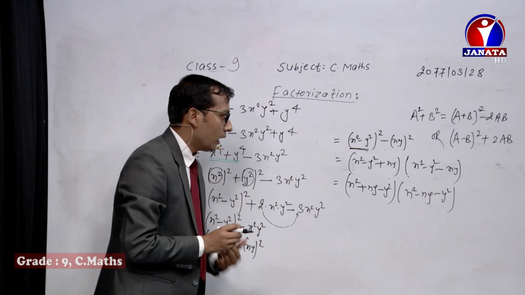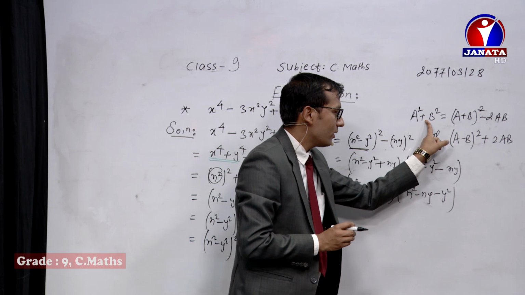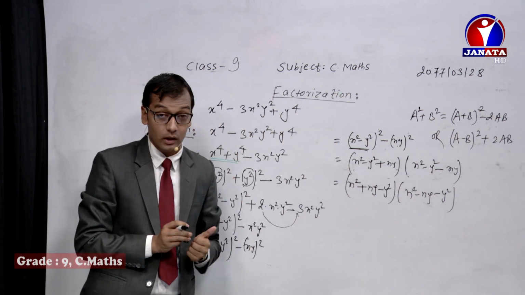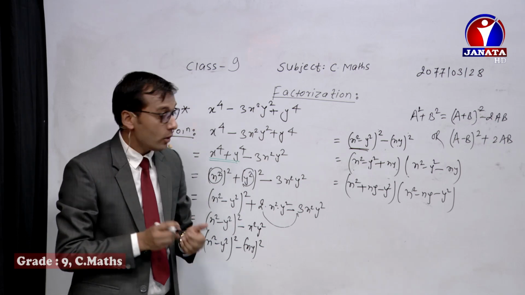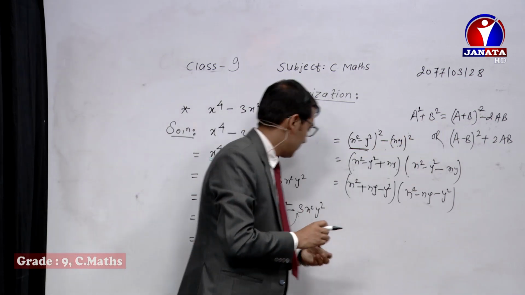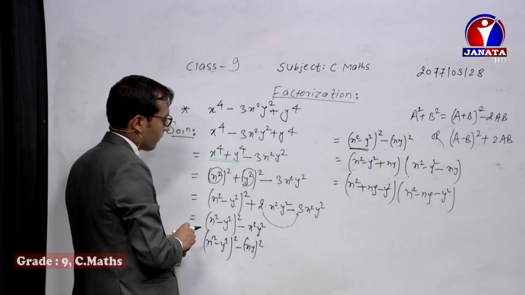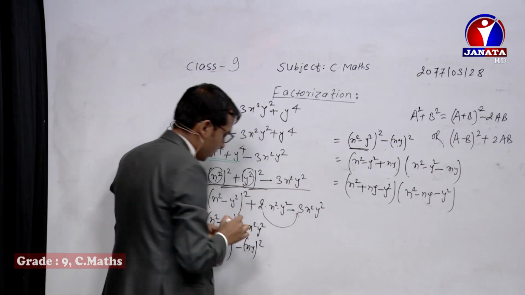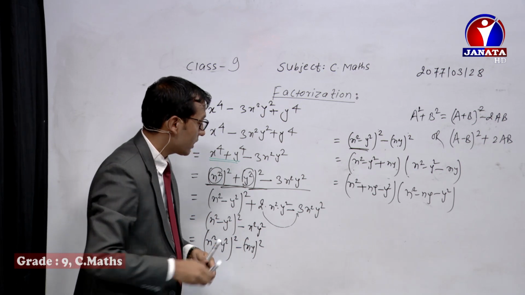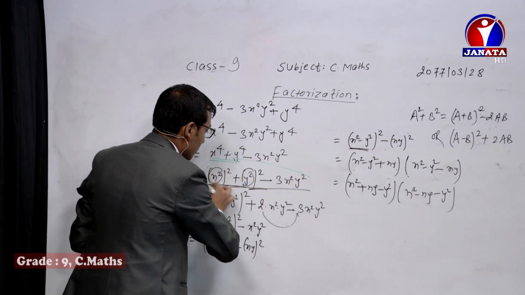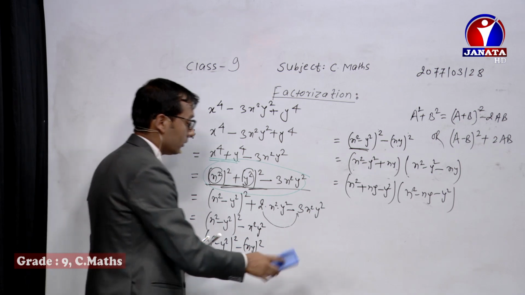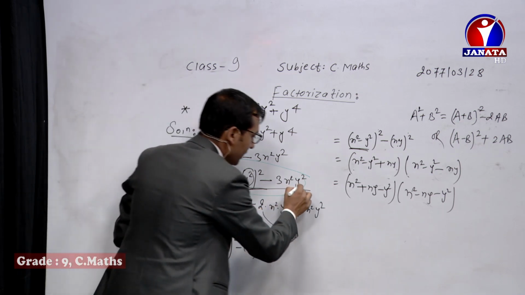Let me show here now why we cannot use the first expanded form a plus b whole square minus 2ab. If we use the first expanded form from this step, let's see what we will obtain. So let me simply write it over here.